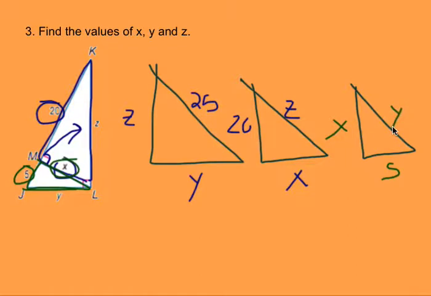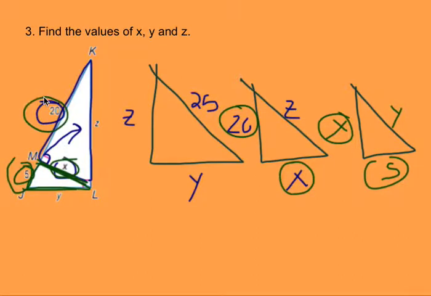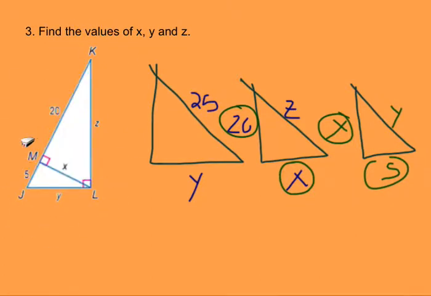Okay, so now I want to calculate a geometric mean. What I notice here is I have 20 and X and 5. If I look at this guy, X is the geometric mean of these 2 shorter segments. That's that first theorem that we talked about: the altitude of the triangle is the geometric mean between those 2 numbers.